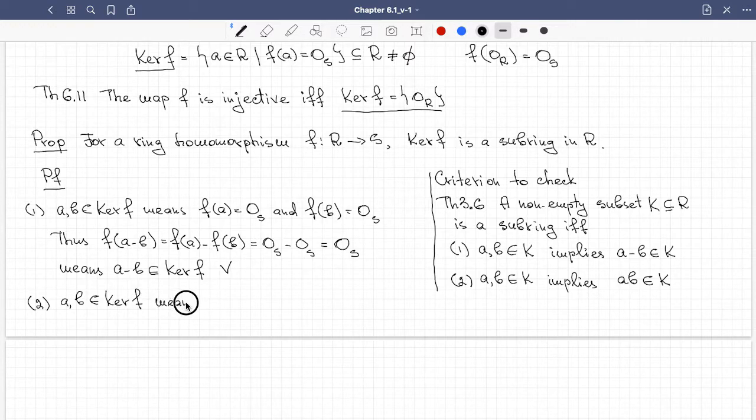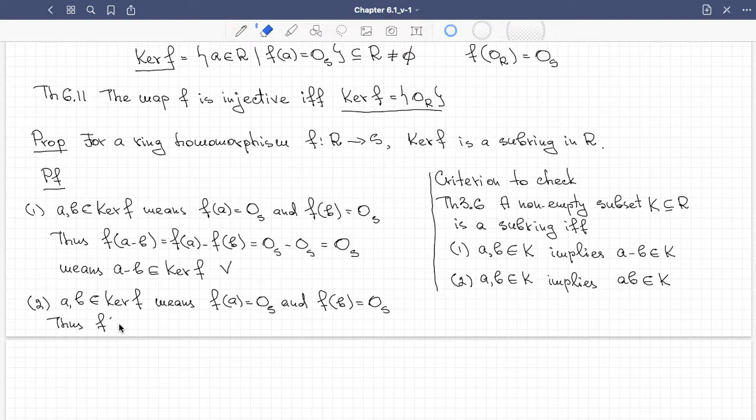Again, this means that F of A is 0 in S, and F of B is also 0 in S. Thus, F of the product AB, by the definition of homomorphism, is equal to F of A times F of B, and this is 0 times 0, which is of course equal to 0 in S.